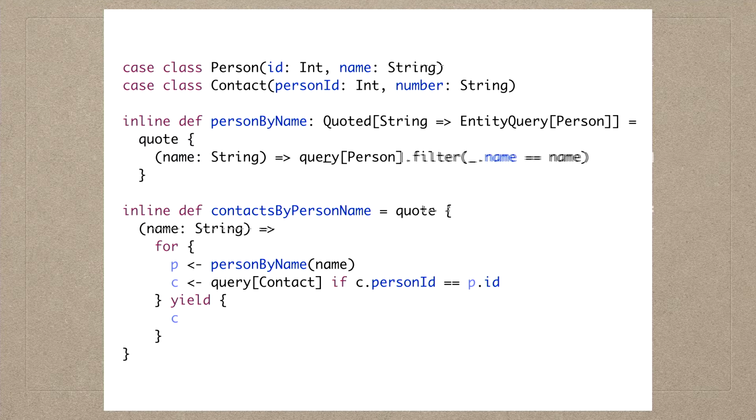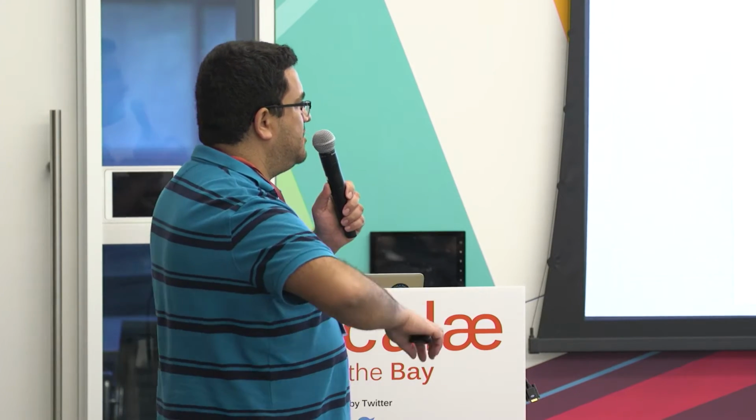You could say like this is a quoted from string to query, but there's this modifier here that is inline. And Scala Meta will, instead of considering the first quotation as normal Scala code, splice the tree, the original tree, into the expansion of the second quotation. So I will have access to the original tree of the AST instead of just an identifier.